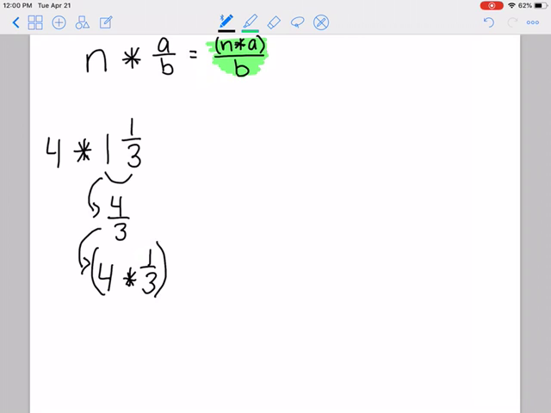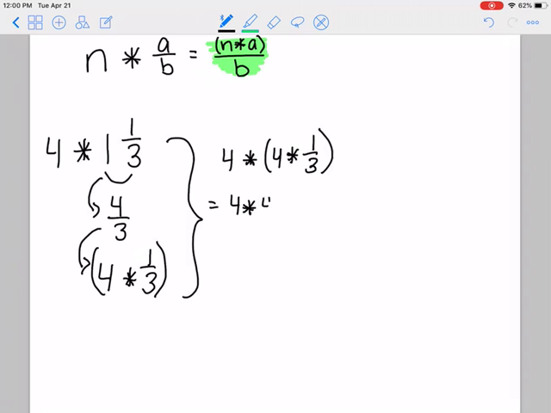So now we're going to solve. 4 times 4 times 1/3. So I'm going to do 4 times 4 first, and then multiply it by 1/3. So 4 times 4 is 16 times 1/3. And now it's a whole number and a unit fraction, so we just do 16/3.